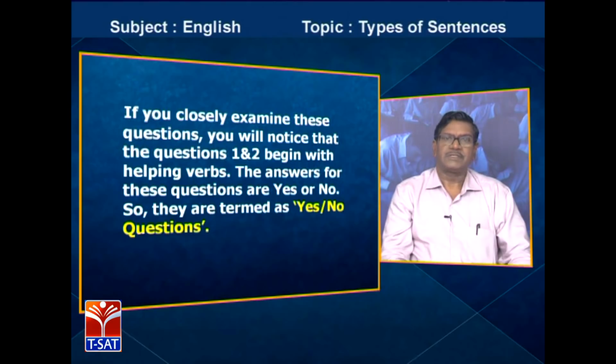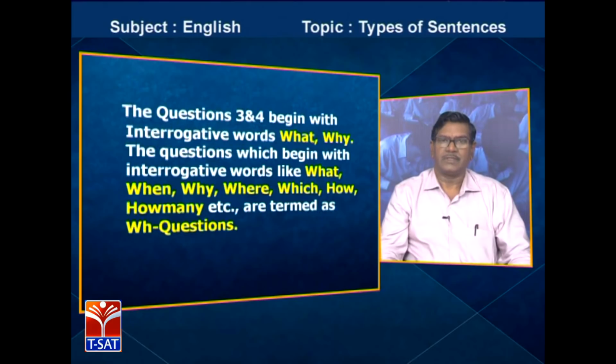And the second variety of questions which begin with interrogative words like what, why, they are the questions which begin with interrogative words. What are other interrogative words? What, when, why, where, which, how many, like that.